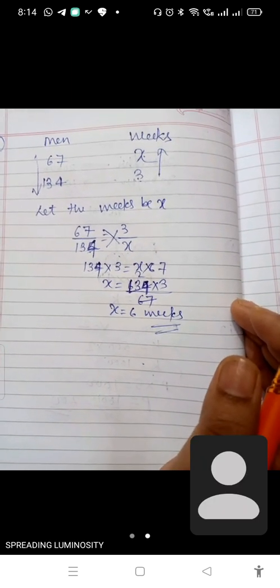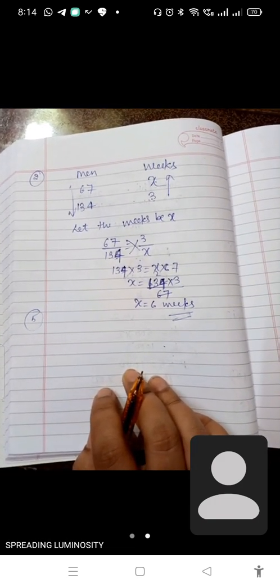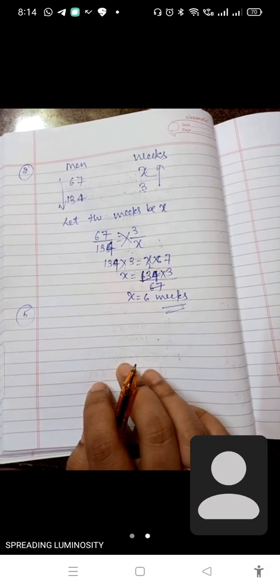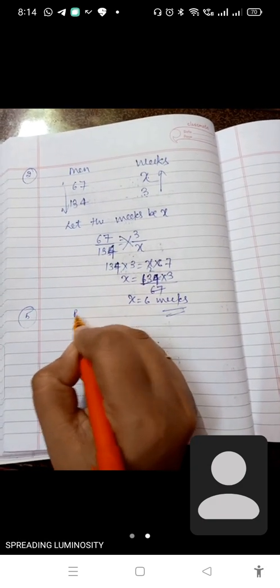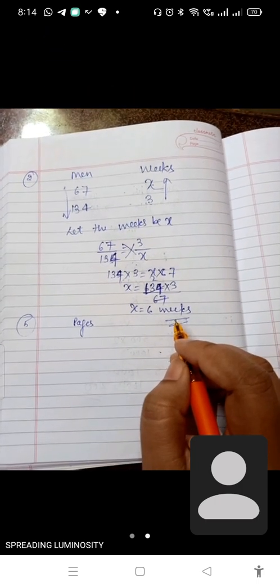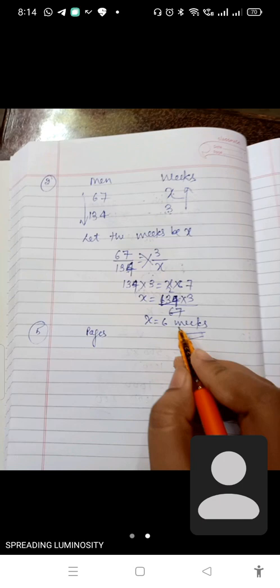I'm going to explain one more question. Question number 5 I'm going to explain. It has only 9 questions and all the questions are same. Only digits are changed. It is found that a book will contain 540 pages. What is given? Pages and lines.